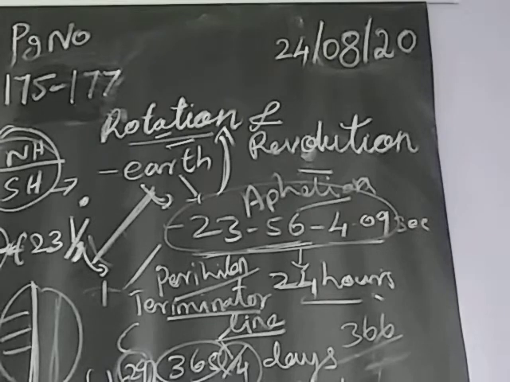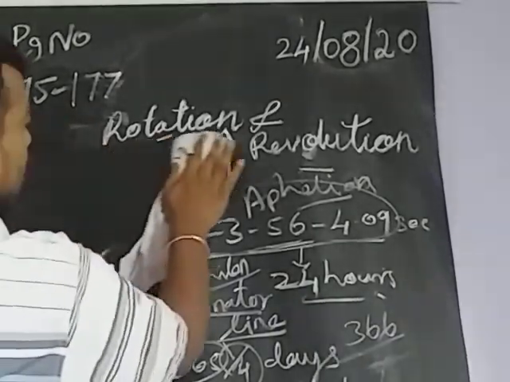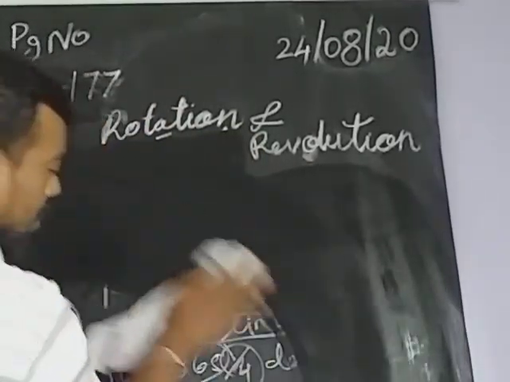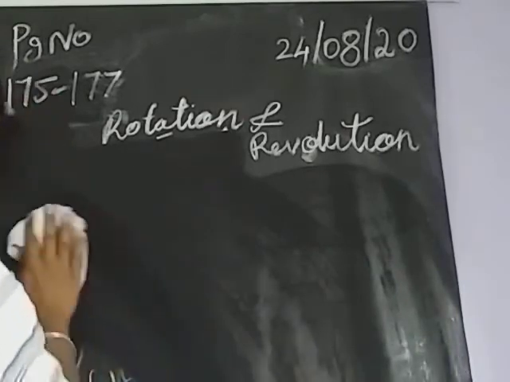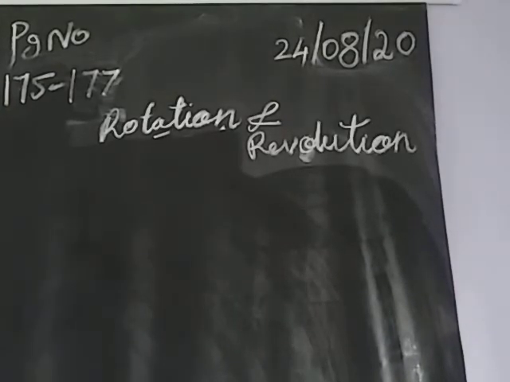Another one is the summer solstice and the winter solstice. When the Tropic of Cancer faces the sun, this is known as the summer solstice. So what are we seeing now? Summer solstice. It happens on June 21st.